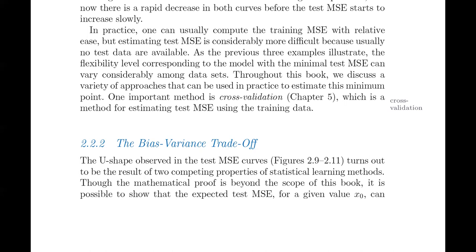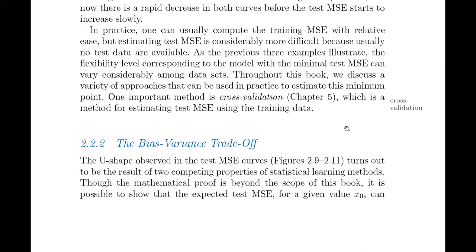The topics are quite varied. The data science sub-overflow is called cross-validation or a similar name, which is a method for estimating test MSE using the training data. Interesting. I have absolutely no experience of this, so it'll be really interesting to see what we're going to cover when we get to that chapter.